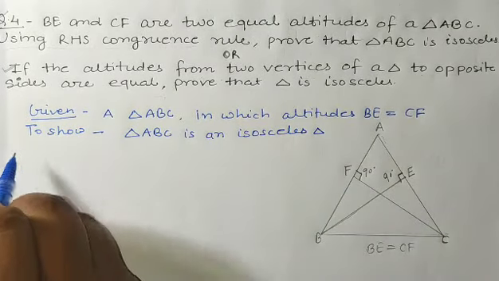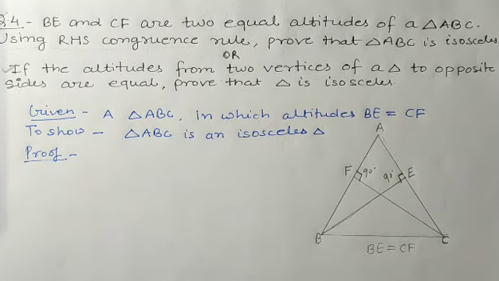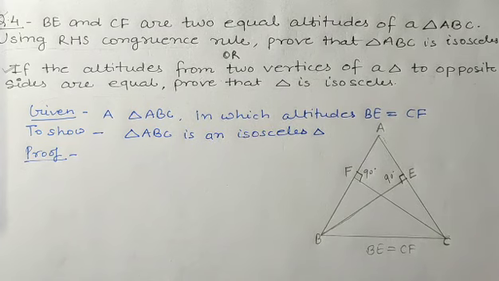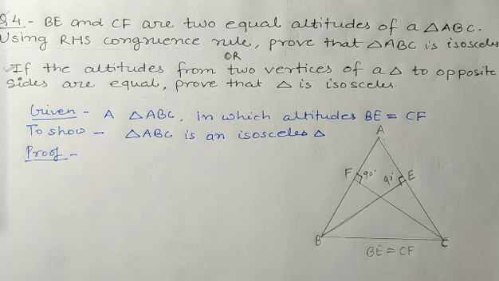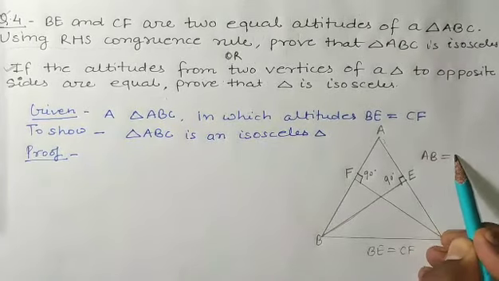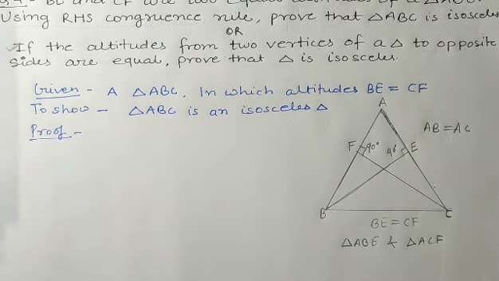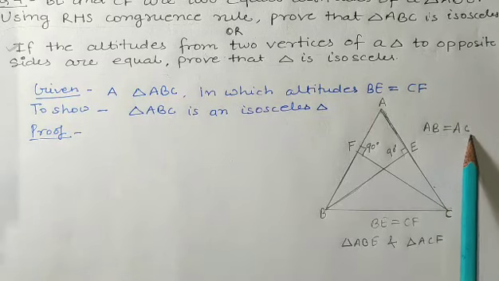Now coming to the proof, students, how can we prove it? The most important thing is that we have to show it by RHS criteria only. To show that the triangle is isosceles, we have to show that AB is equal to AC. There are two methods to show this.